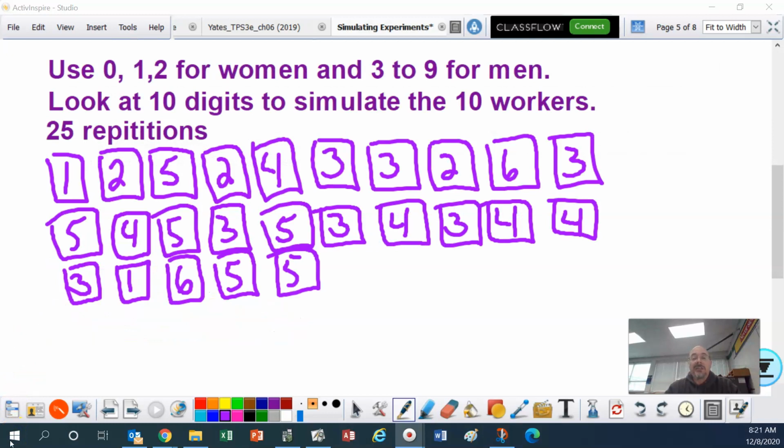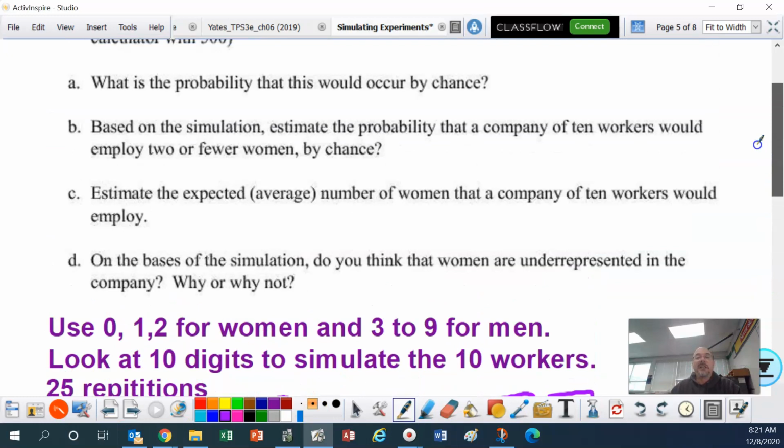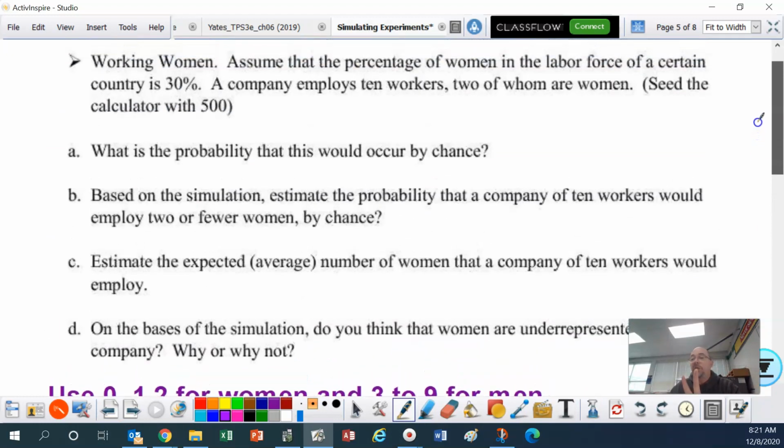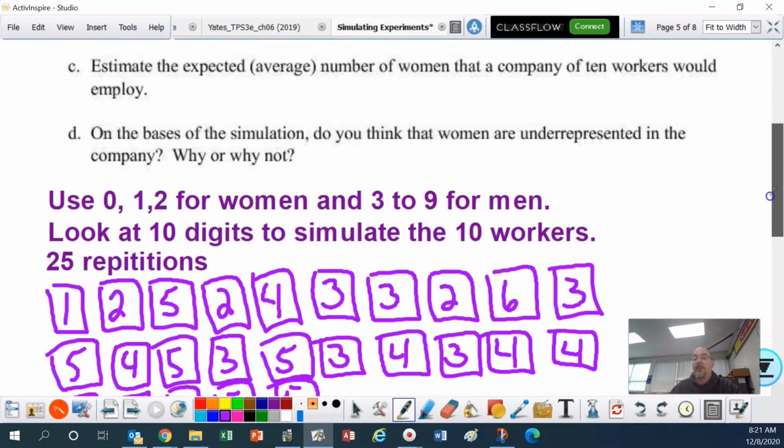All right, I'm back. So this is what I came up with for the 25 repetitions. All right, so now let me go back to the question. What is the probability that this would occur by chance? Well, the question is 2 of whom are women.